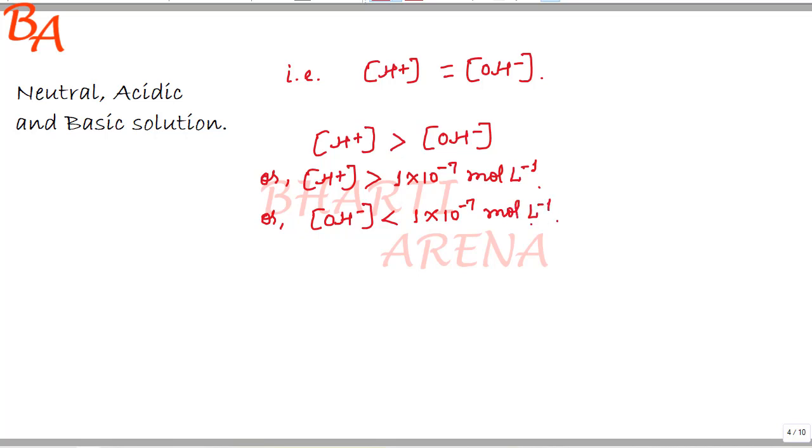Similarly, in basic solution, the concentration of hydrogen ion is smaller than that of hydroxyl ion. That is, concentration of hydrogen ion is less than concentration of hydroxyl ion in basic medium, and it was the opposite in acidic medium.